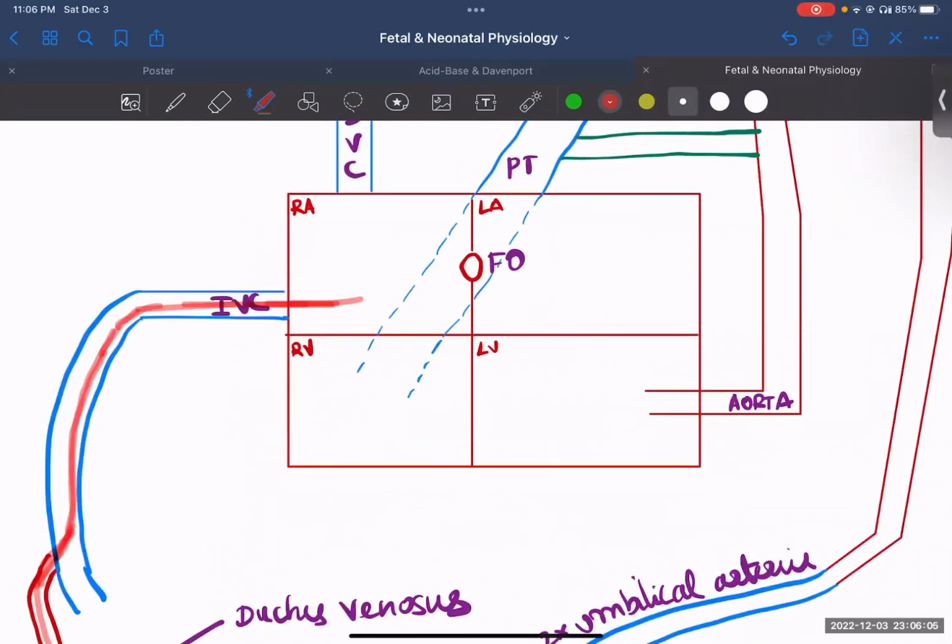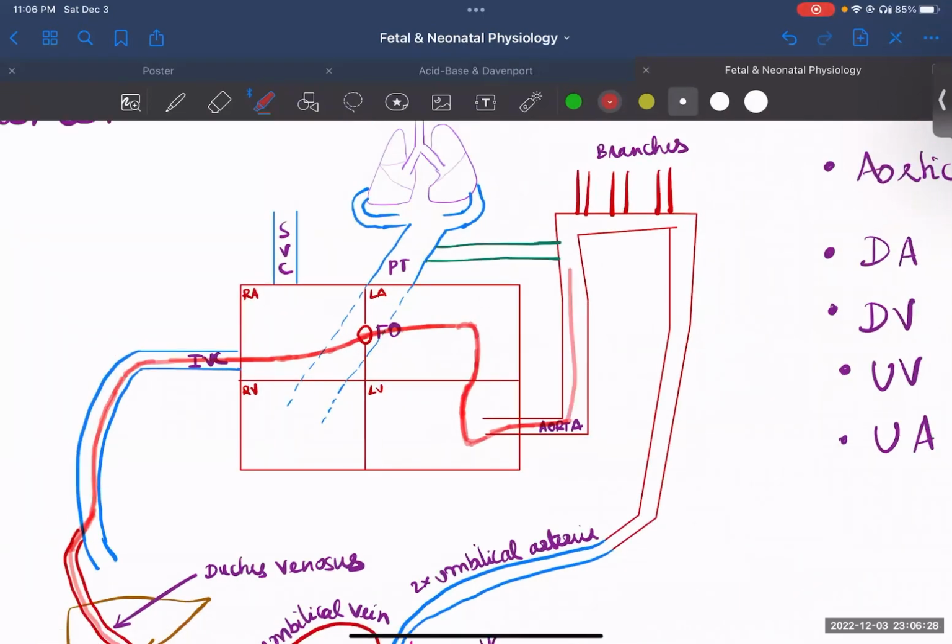Once it comes to the right atrium, the atrium is going to direct this oxygenated blood through the foramen ovale into the left atrium. From the left atrium, this oxygenated blood is going to enter the left ventricle, and from the left ventricle, it's going to enter the aorta. Through the aorta, it is going to supply the fetus's body through all these systems. That is how oxygenated blood is flowing.